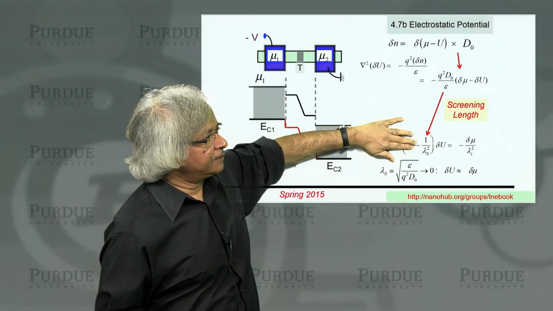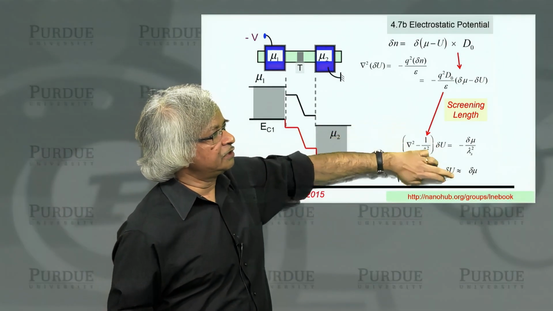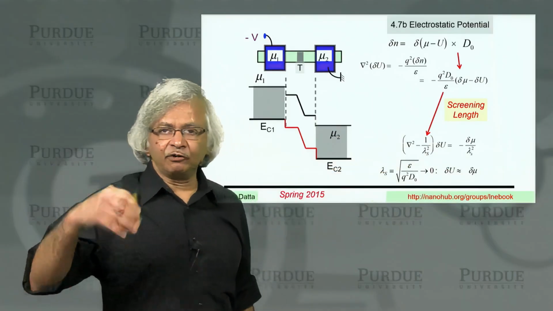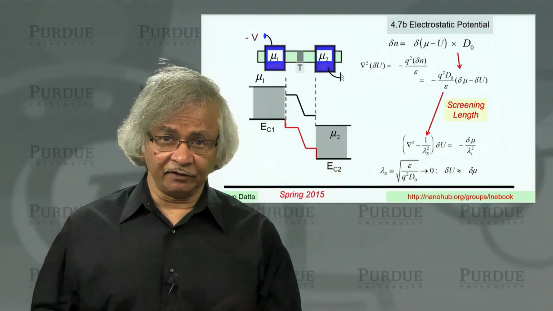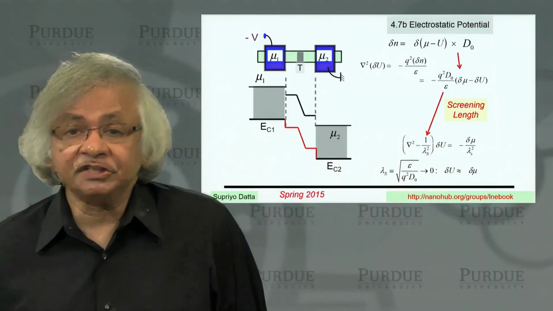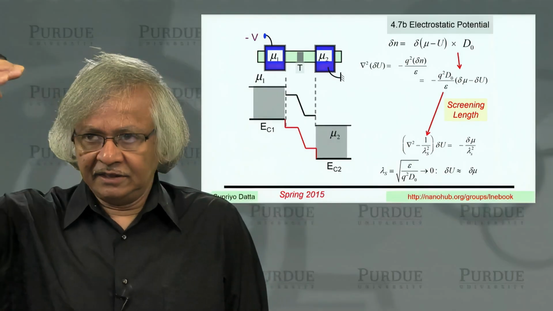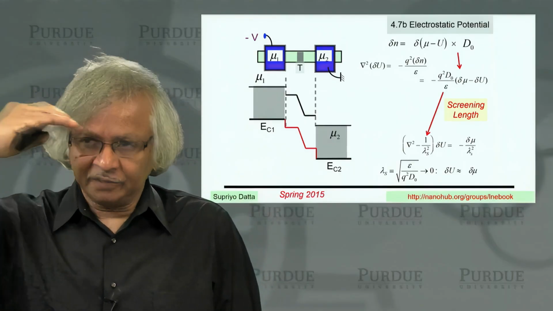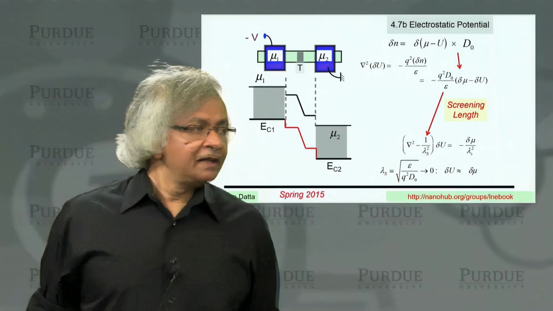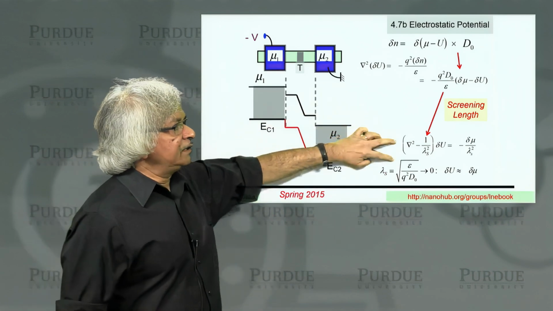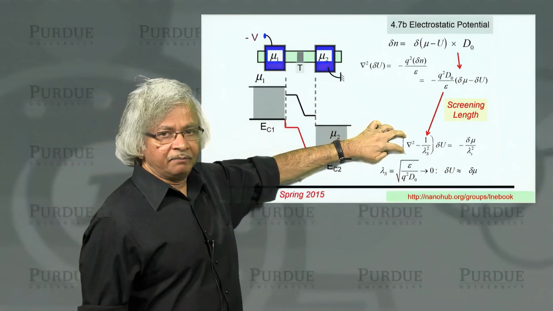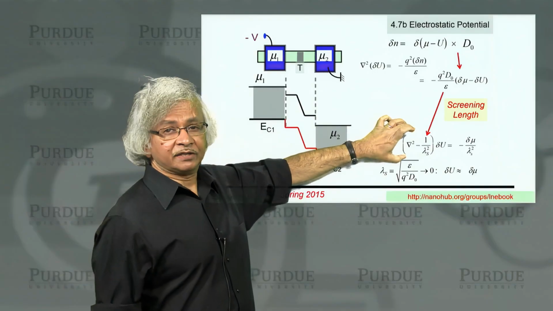And if you drop it, then you just get delta U equal to delta mu. That's what I had argued in the last slide, that in a very conductive medium, the change in mu is followed or mimicked by the change in U. But in general, if the screening length is not very small, then you have to solve this equation.